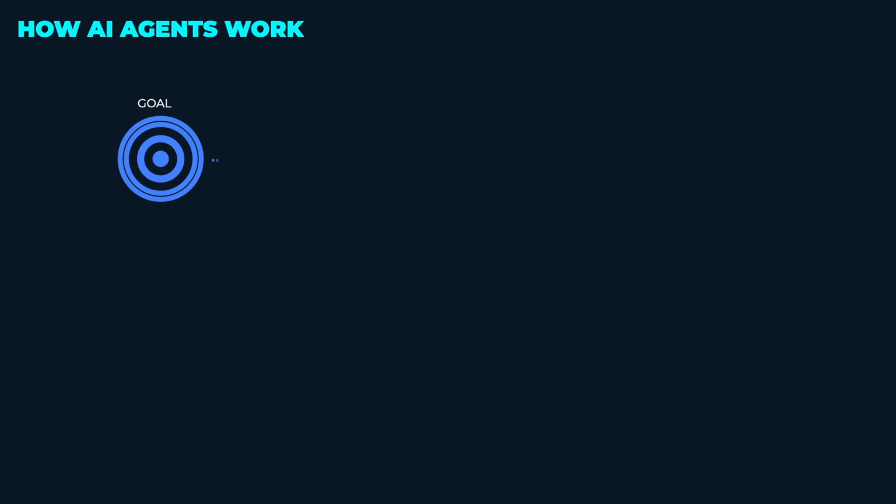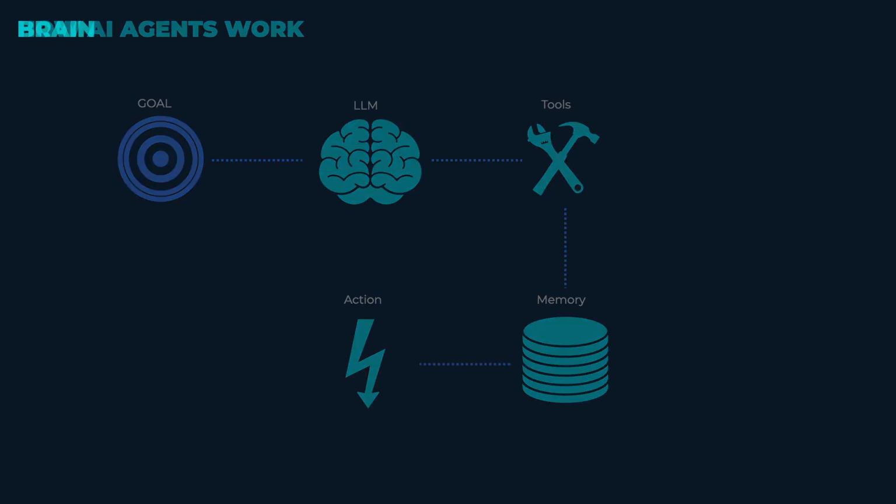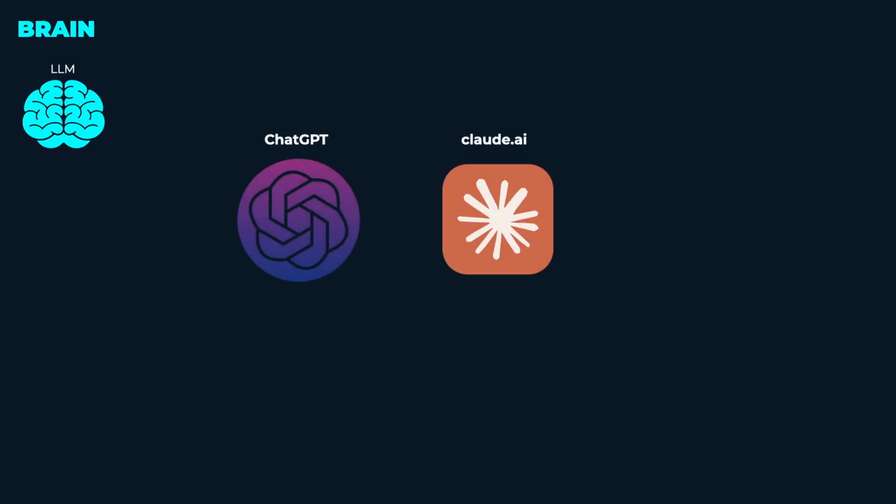So an AI agent usually has four important parts: a brain, tools, memory, and action. Let's understand each part in detail. The brain is usually a large language model, LLM, like ChatGPT or Claude AI models.